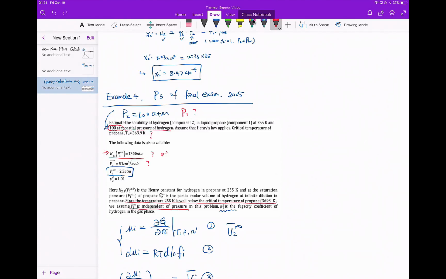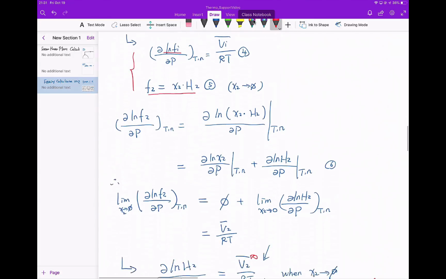Otherwise, if Henry's constant does not change as a function of pressure, then we would have this as H2, probably just 1300 atm, instead of describing this P1 set. And that is also a strong hint.